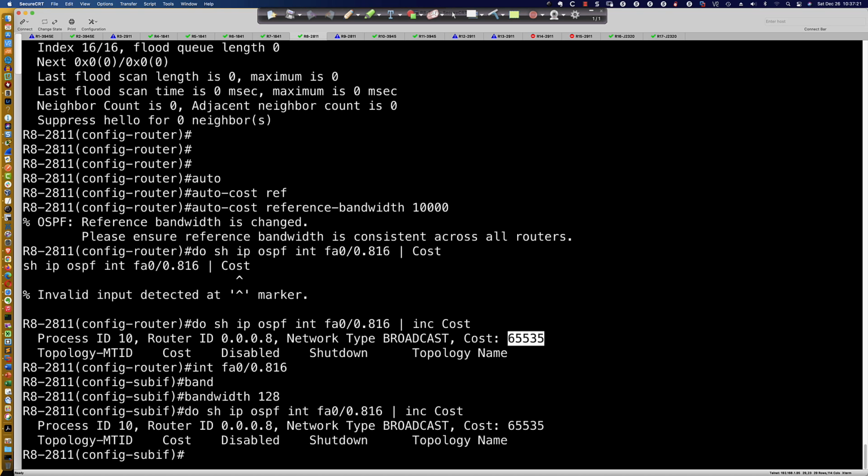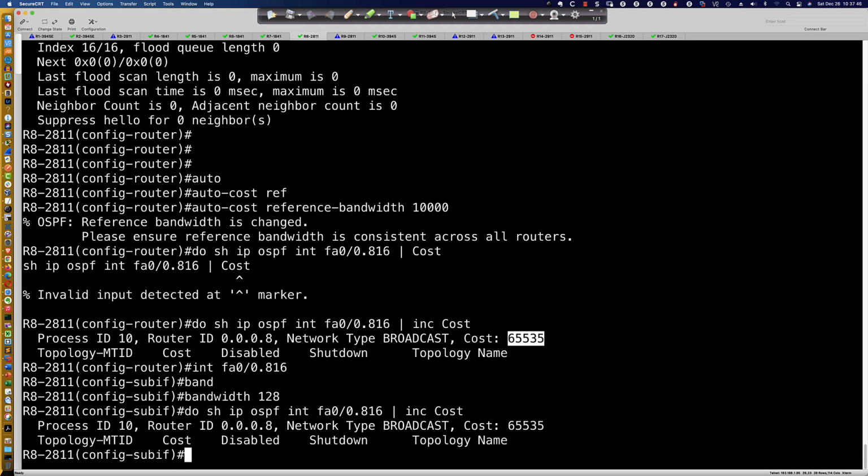And it is. And so now we have the reverse issue, where before we had super fast interfaces, gigabit, 10 gig, 40 gig, 100 gig, but the auto cost reference bandwidth was defaulted to 100 megabits, making all those fast interfaces look the same.